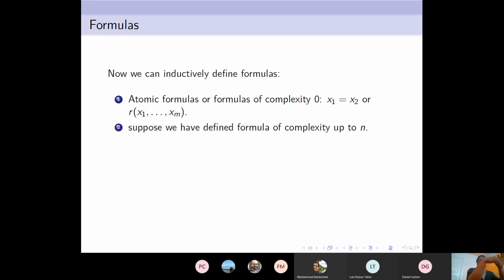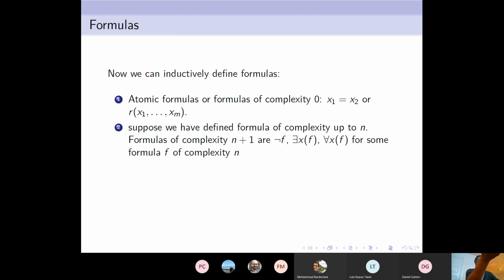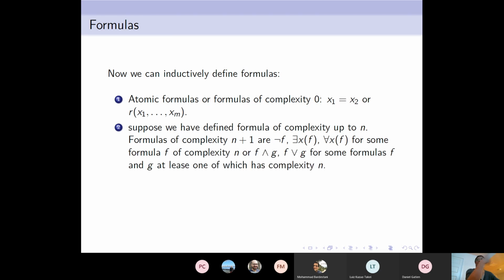Now, if we have defined the formulas of complexity up to n, then the formulas of complexity n plus 1 are the negation of f, there exists x f, for any x f, or f and g, or f or g, where at least one of them has complexity n.